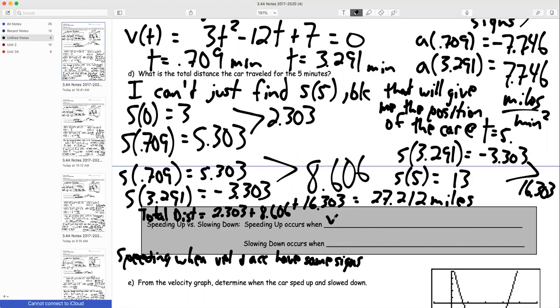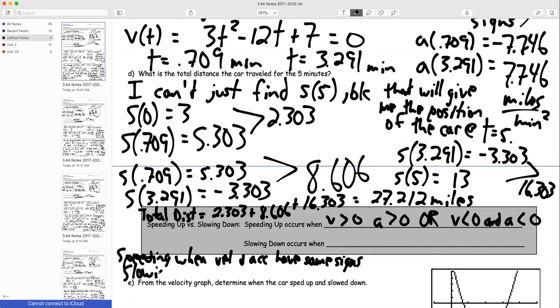So if the velocity is positive and greater than 0, and the acceleration is also positive, or velocity is negative and the acceleration is negative, the object is speeding up. Velocity and acceleration have the same sign. If they have opposite signs, they will be slowing down.